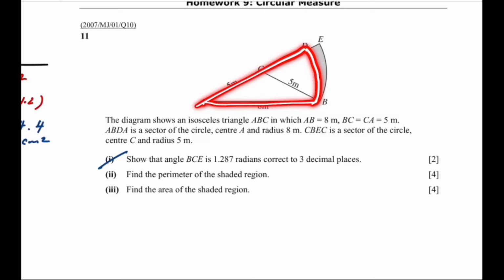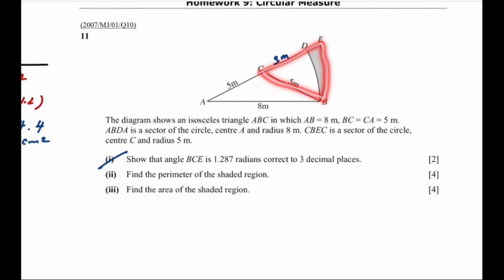Therefore, this should be 8 cm as well. It's a sector. This is 3 meter. And then there's another sector here. So this is 5. So this will be 2 meter. Okay. So I know the length here. I need to find the length of EB.